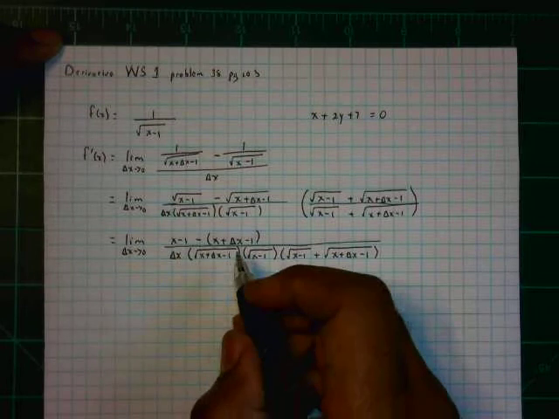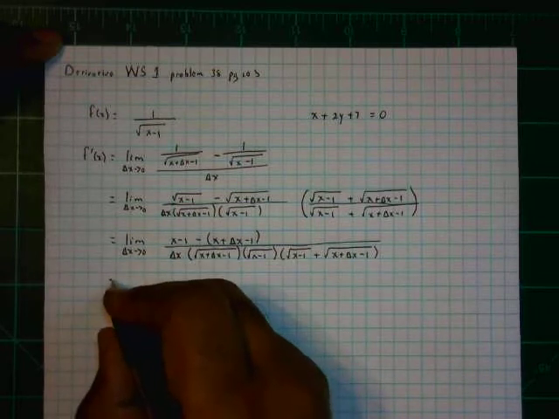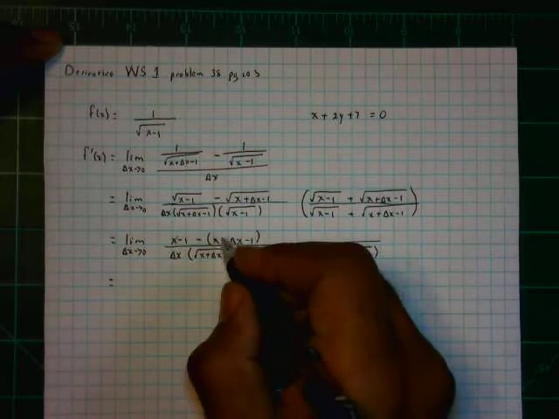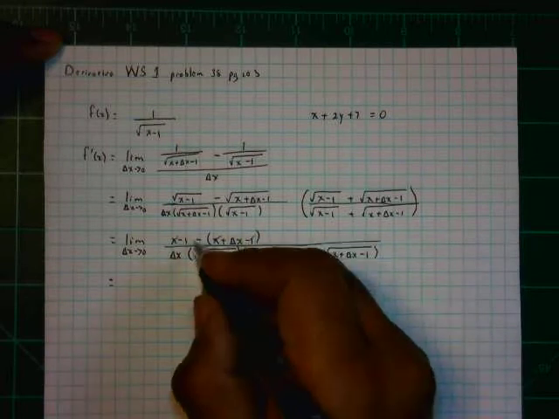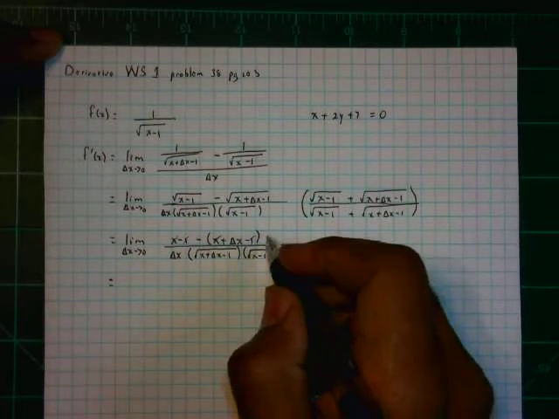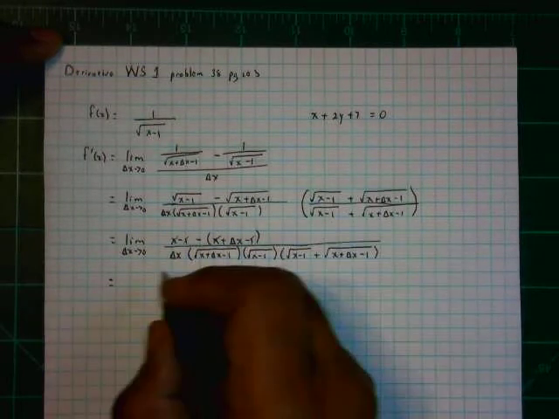Okay. Now this will clean up. The x's disappear. The 1's disappear. Negative 1 minus negative 1 becomes negative 1 plus 1, which is 0.